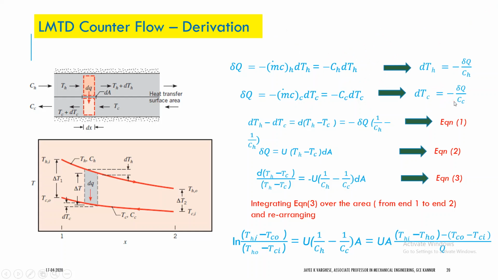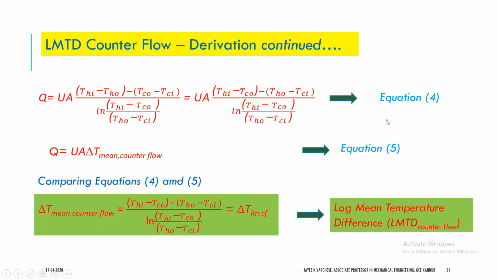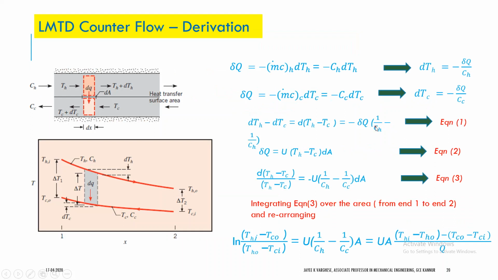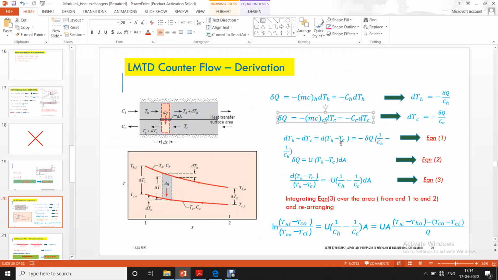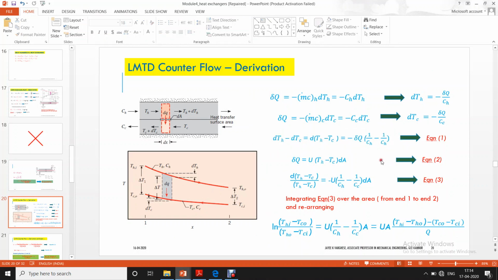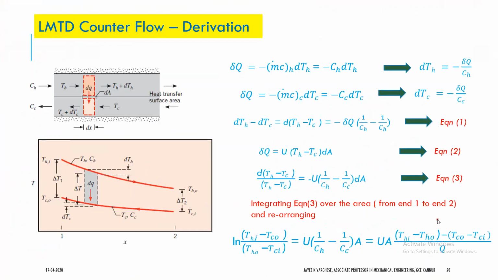So now equation 1 and equation 2 as before. Subtracting, dth minus dtc, dt is equal to d of th minus tc, is equal to minus of dq into 1 by ch minus 1 by cc.